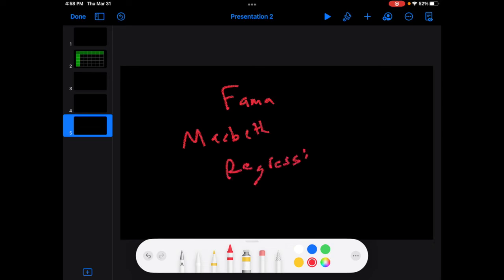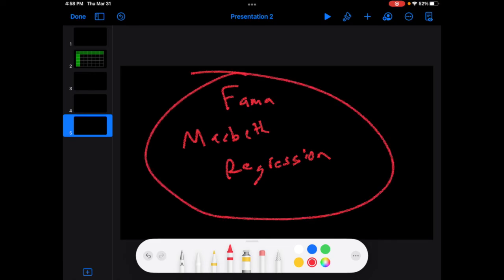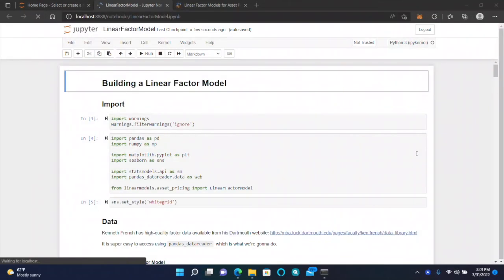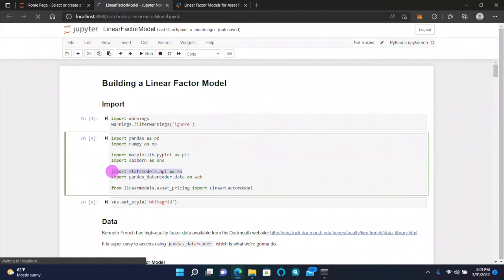And now we're going to head over to Python and look at doing Fama-Macbeth regression in action. Now we are going to build a linear factor model in Python. Specifically, we're going to build the Fama-French 5-factor model. And we're going to be using all OLS regressions. That's why we just need statsmodels here.